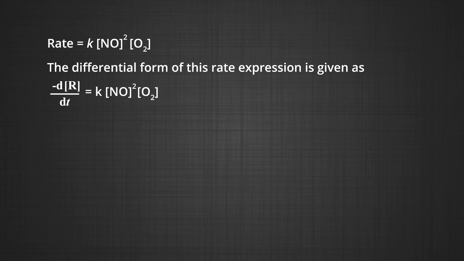Both are in square brackets, which means the concentration terms. Now, we observe that for this reaction, in the rate equation derived from the experimental data, the exponents of the concentration terms are the same as their stoichiometric coefficients in the balanced chemical equation.